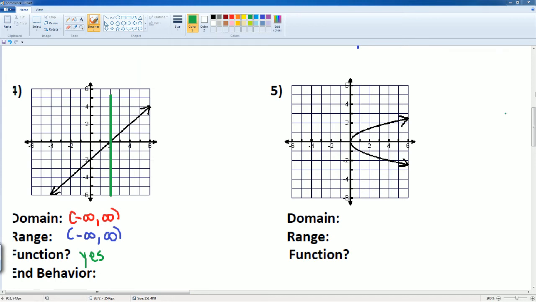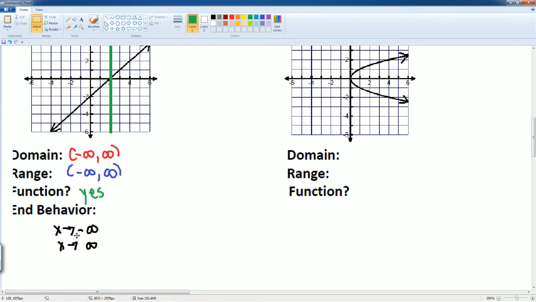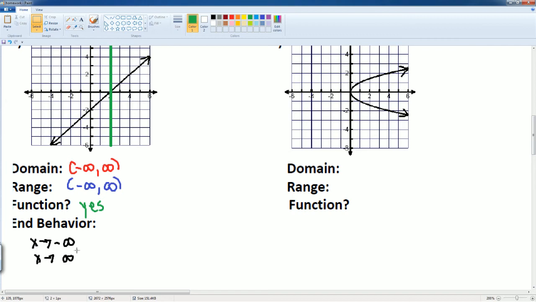Then let's look at the end behavior. It always follows this format, because there's a left arrow and there's a right arrow. The left arrow is when x goes to negative infinity. So what happens to the y? Well, it points down.